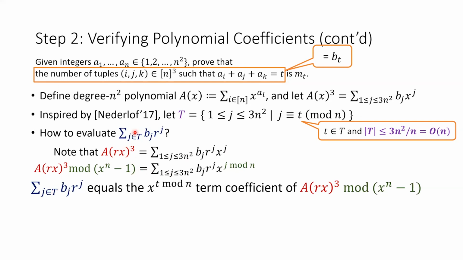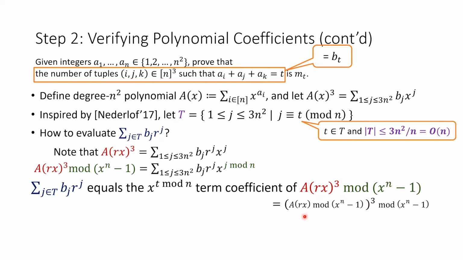And recall that the expression we want to evaluate is the sum of b_j times r to the j for all the j in capital T, namely the j that are equal to t mod n. So we can immediately see that this expression equals the x to the t mod n term coefficient of this expression. So all we need to do is to evaluate this.